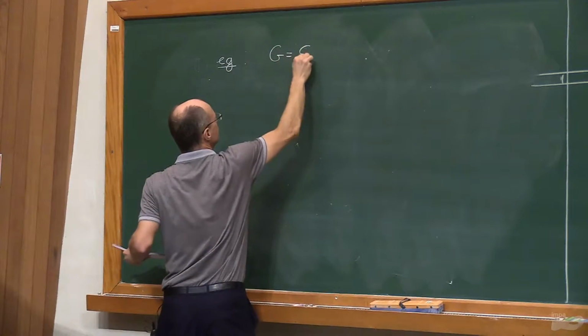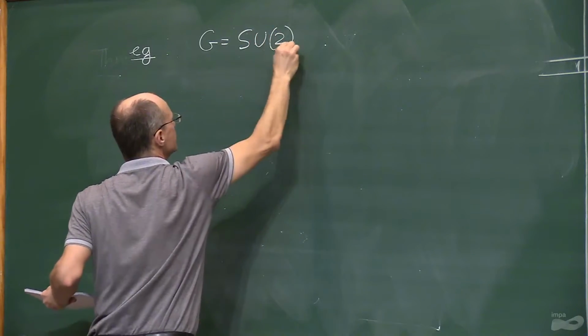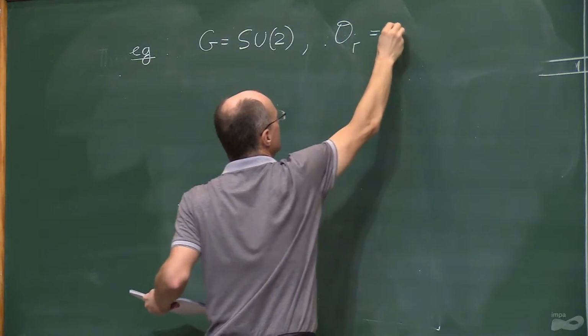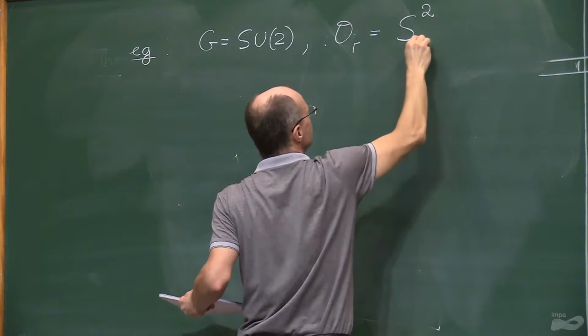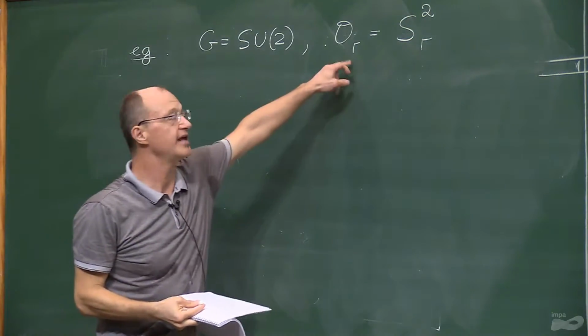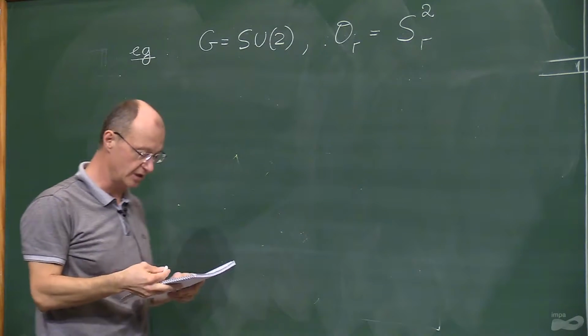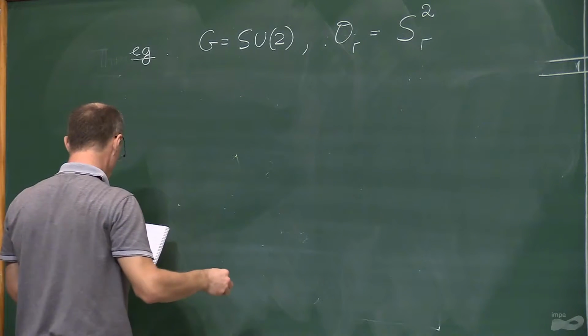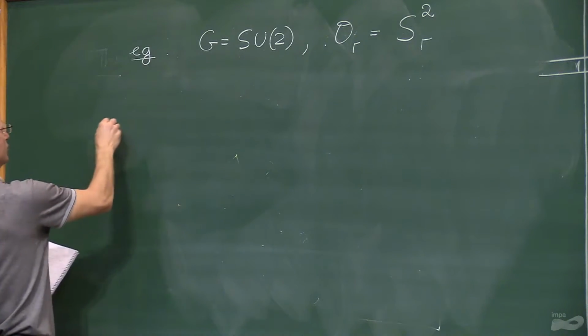So G is equal to SU2. And we look at the coadjoint orbit. And coadjoint orbits are two-spheres. So we take a two-sphere of radius r. So instead of lambda, I have here the parameter r. And so what will be the cone?